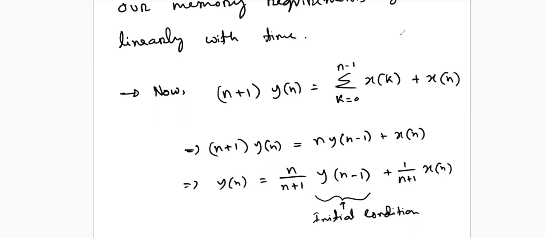We need to do the summation for k equals 0 to n, and we have n plus 1. You can write it with k equals 0 to n.